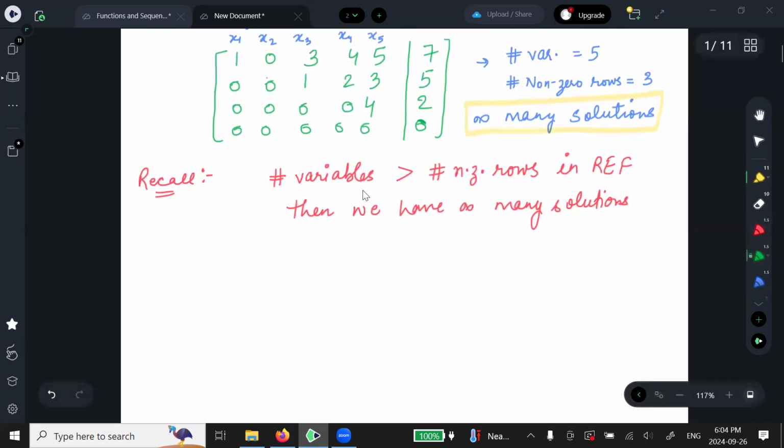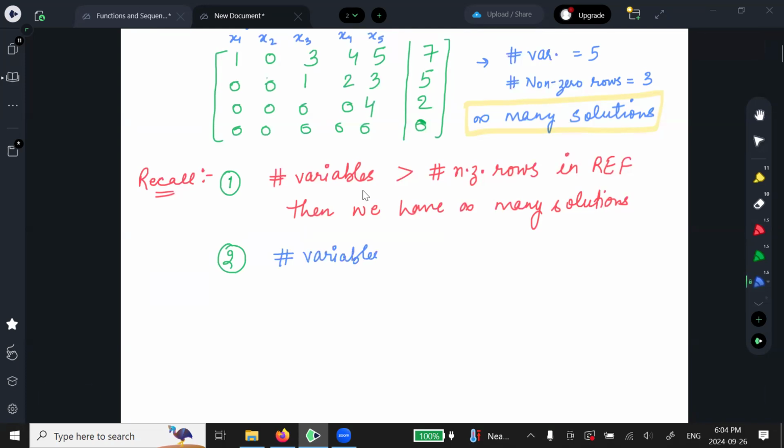You will see that sometimes the matrices will be reduced. And case 2, you will notice that the number of variables will be exactly equal to the number of non-zero rows in REF. What happens then?